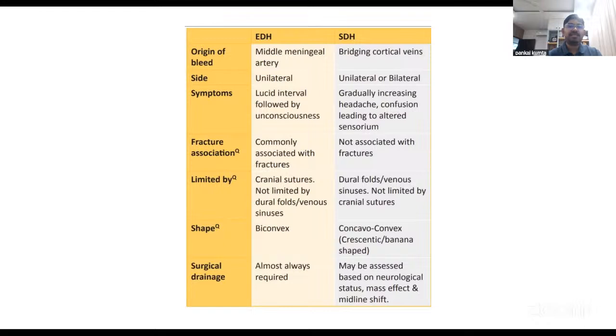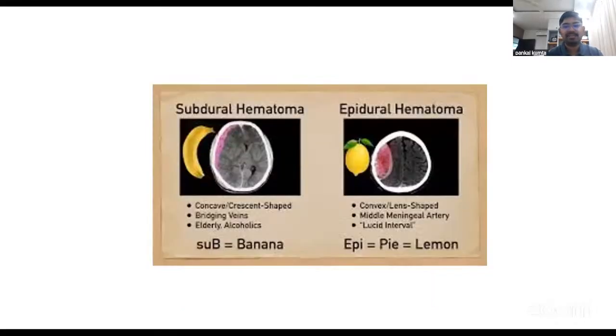The typical shape that you will see in EDH is biconvex, or lens shaped, while here you will see a concavo-convex or crescentic, like a banana shape. In EDH invariably you will need surgery, while in SDH surgery is required in terms of midline shifts, but you may still wait, and sometimes conservative therapy also helps. We have seen it in the elderly, where with conservative therapy patients have improved.